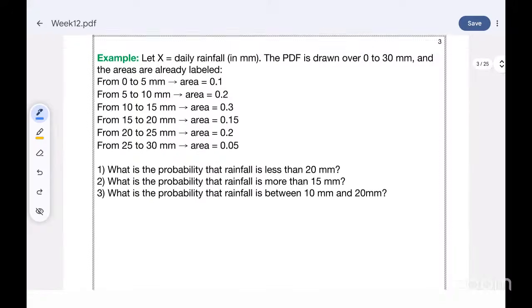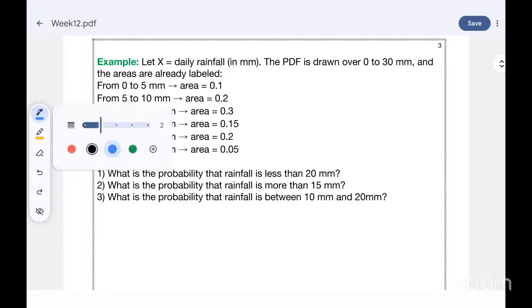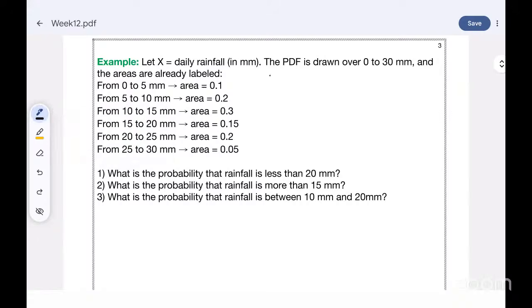So can you all try this simple problem here? Let x denote the daily rainfall in mm. The PDF given here is between 0 to 30 mm, and these are the areas given to you. So approximately I am drawing a PDF.